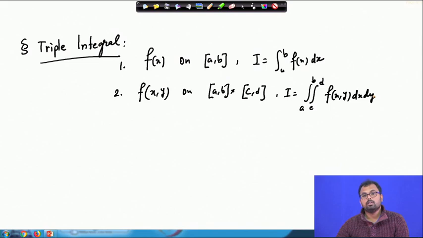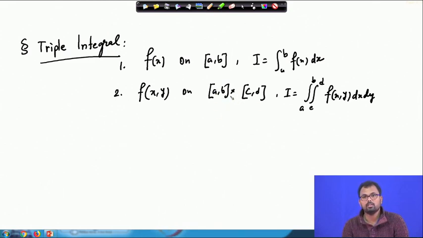Now we also have three-dimensional geometries and three-dimensional figures, and in such cases we can also talk about a triple integral. So triple integral deals with surfaces which are in 3D. In the previous case the domain of integration was a two-dimensional geometry.